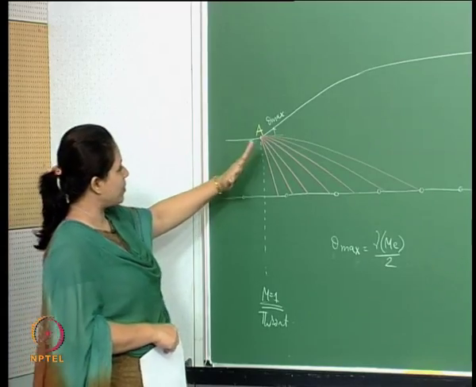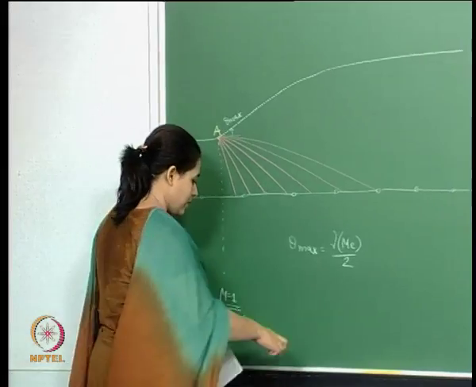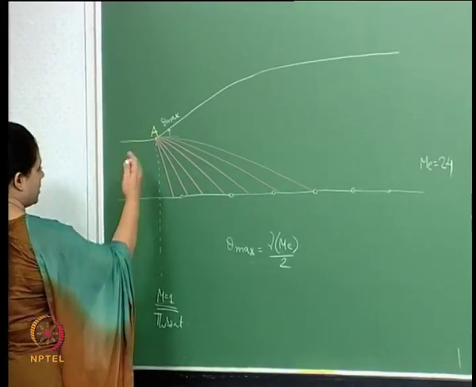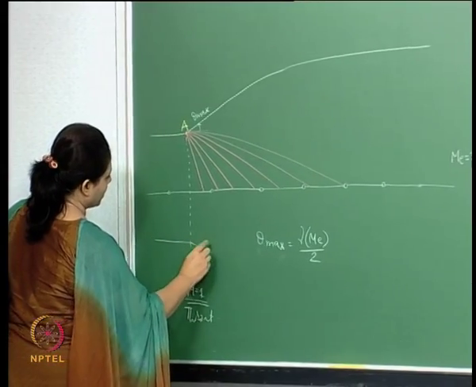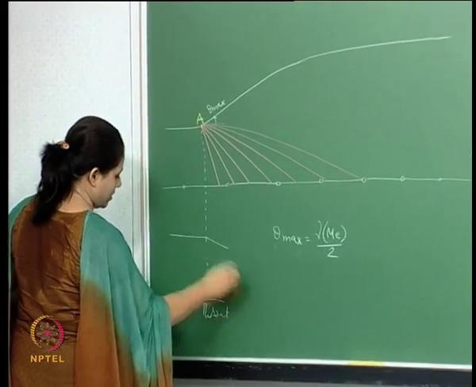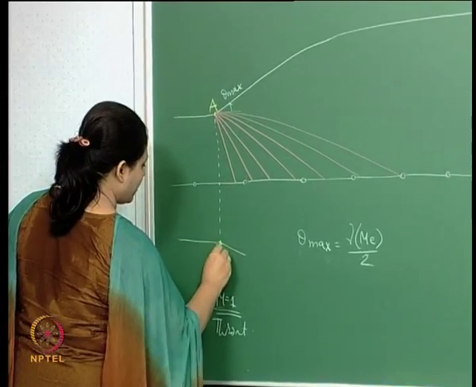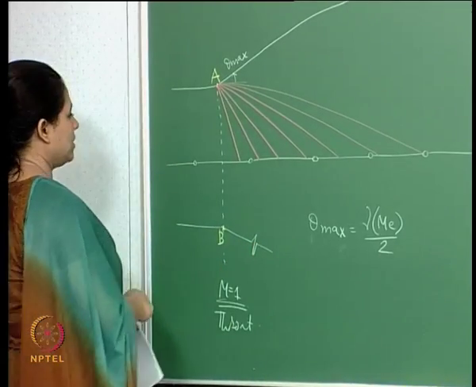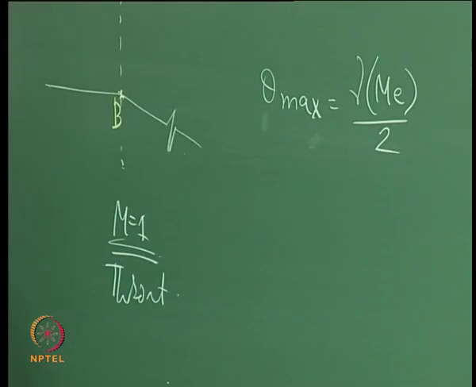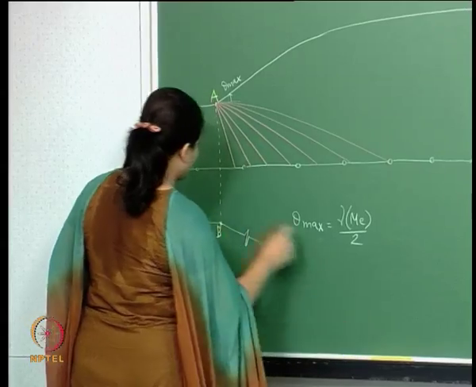Now, we'll have a similar point down here. Because I have just taken the symmetric part, I will have one more over here. Similarly, at this particular point B, we will have a similar expansion fan.